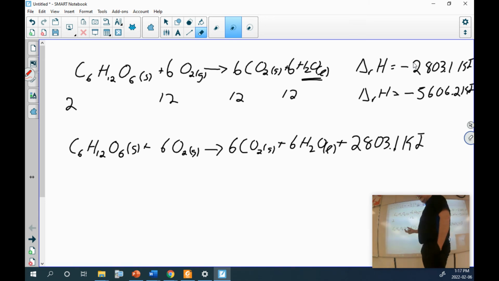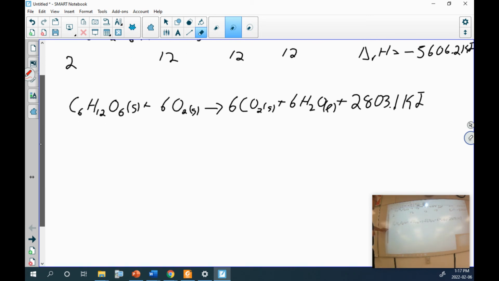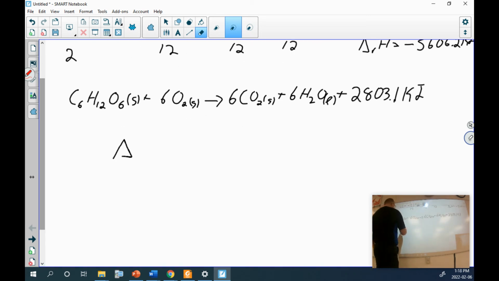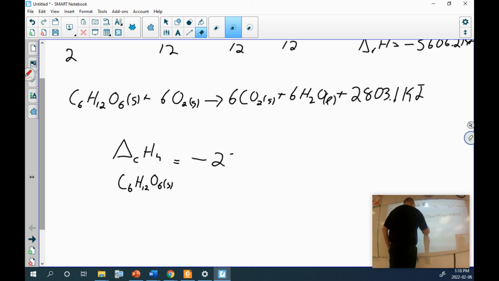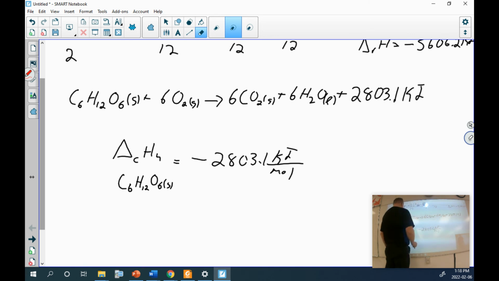Now, this is a combustion reaction, so I don't need any of these reactions. I could just go delta CHM of glucose is negative 2,803.1 kilojoules per mole.